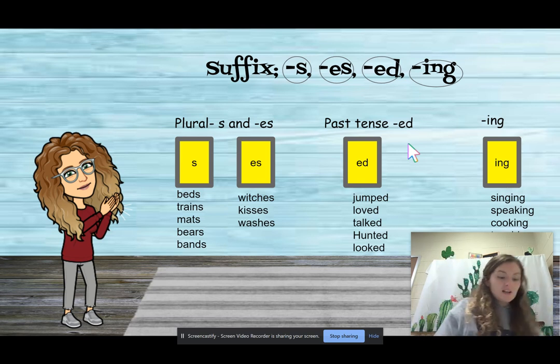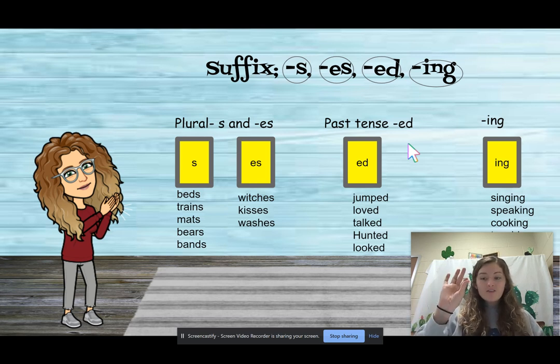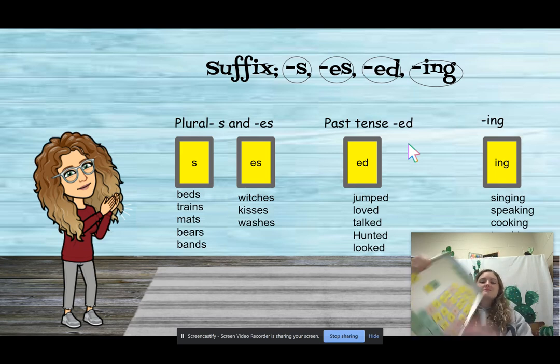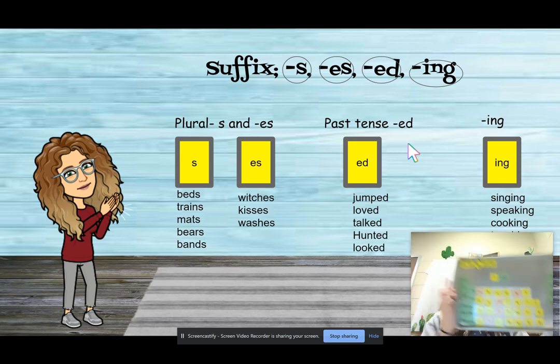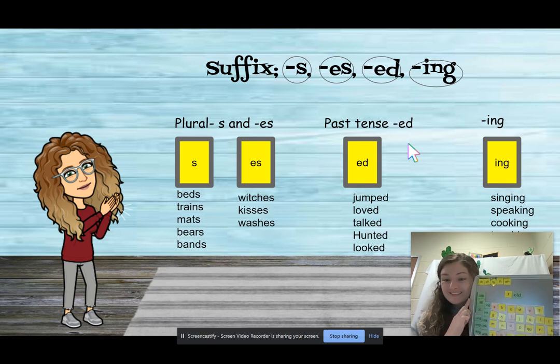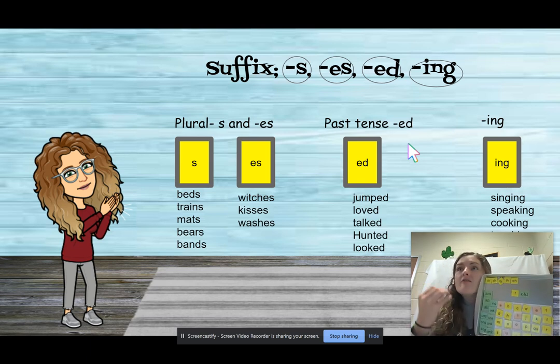So let's build some other words that I can change the meaning of. So let's say I have the word fold. Ooh, that has a glued sound we learned about last week. Old. What says old? O-L-D. Old. Okay, let's say I fold laundry in the past.